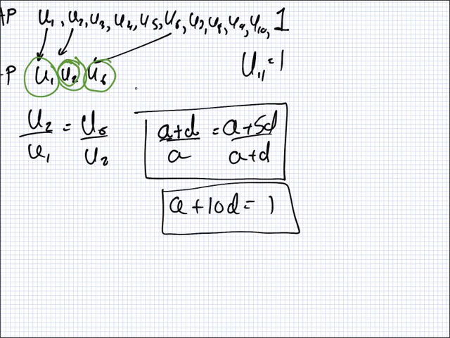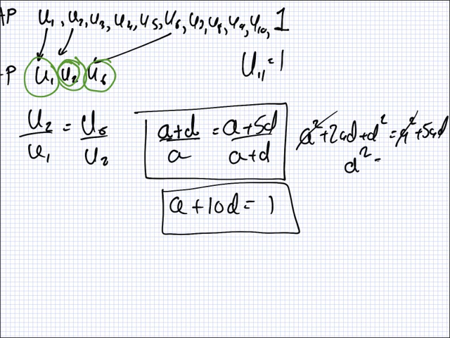Let's solve this together. I'll cross multiply and get A squared plus 2AD plus D squared equals A squared plus 5AD. What can I cancel on the left and the right? The A squareds. So I get D squared equals 3AD. What else can I cancel?